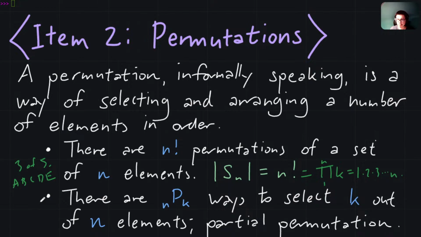So the answer is this. 5P3 is 5 times 4 times 3. You can actually express this in terms of factorials as 5 factorial over 2 factorial, by canceling out all the remaining numbers. So nPk is by definition equal to n factorial over the remainder factorial.